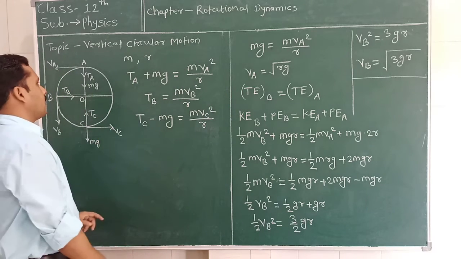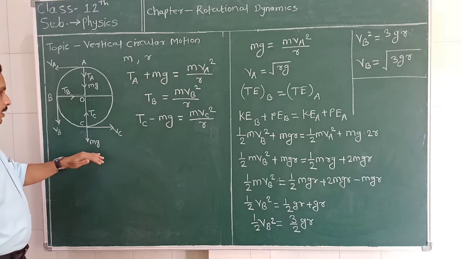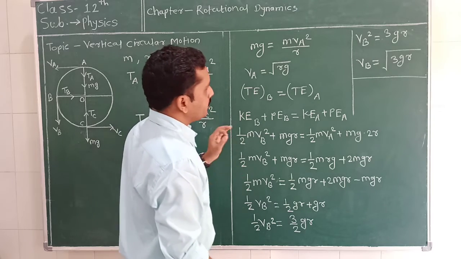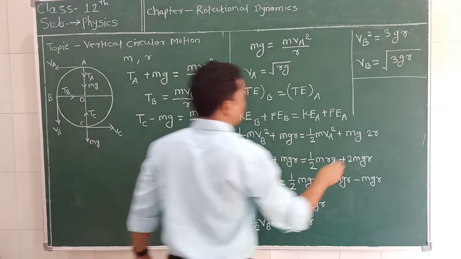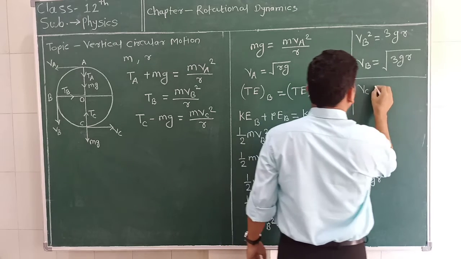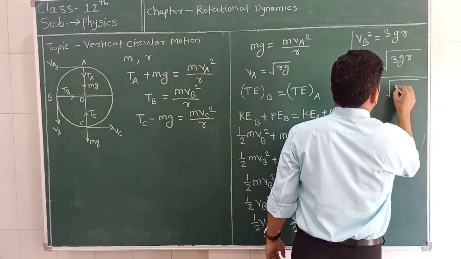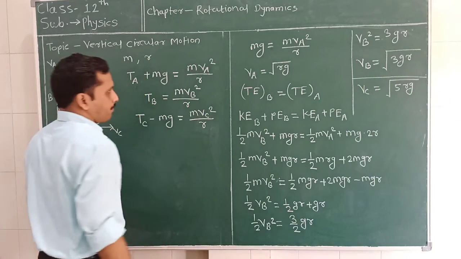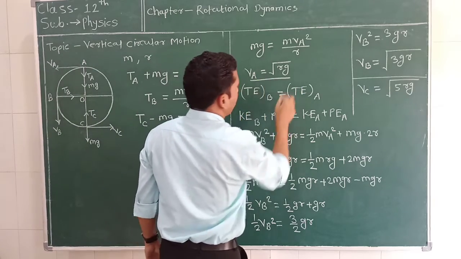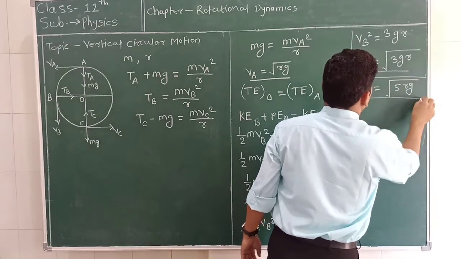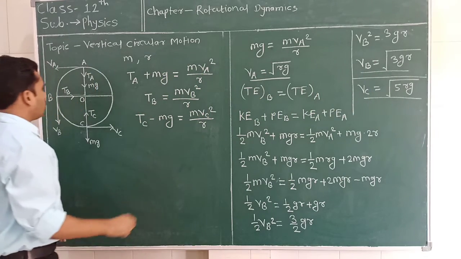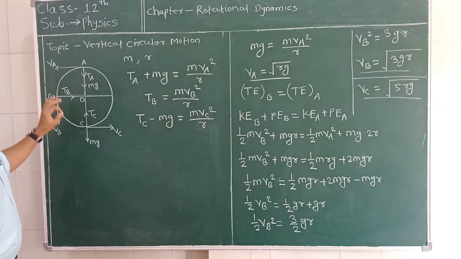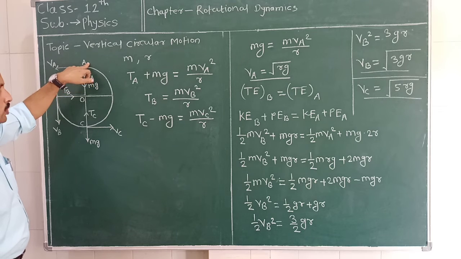Now, similarly, we can calculate the velocity at point C by using conservation of energy, and by using this conservation of energy, the velocity at point C, vc, comes out to be under root 5rg. Therefore, from these three equations va, vb and vc, it is clear that the velocity of a particle performing vertical circular motion is less at the topmost position.